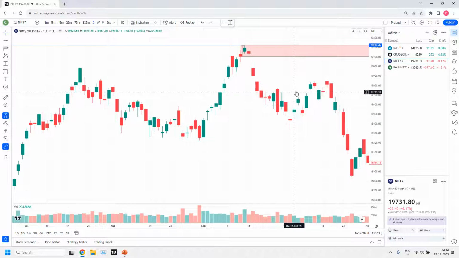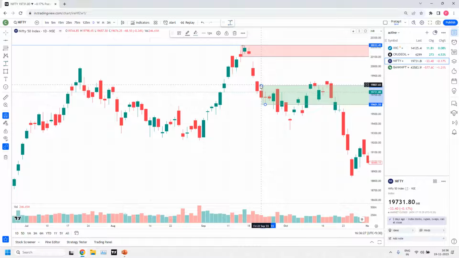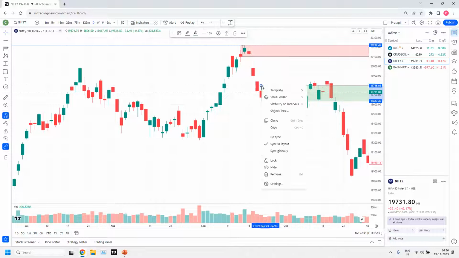Now what's happening? Are there any supply zones here? Yes, there is a supply zone, a supply zone with sluggish. Let me change the color.